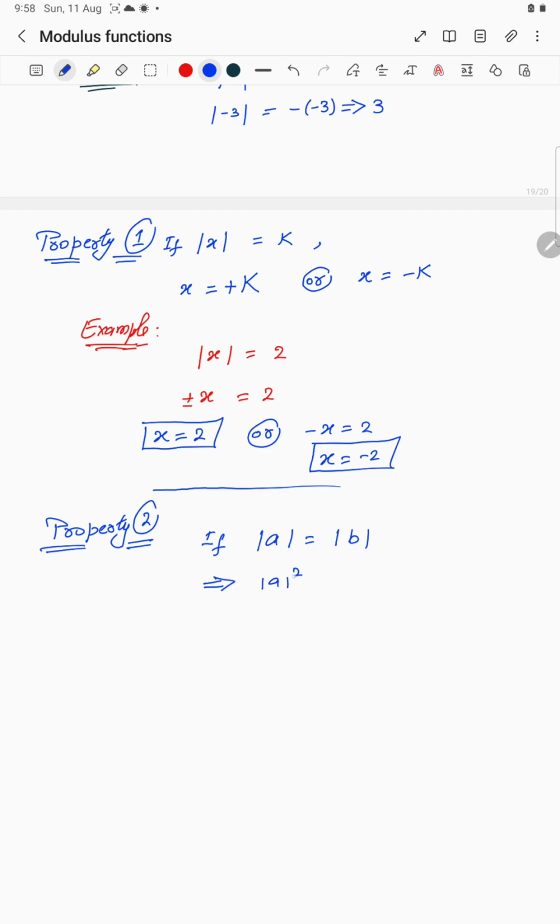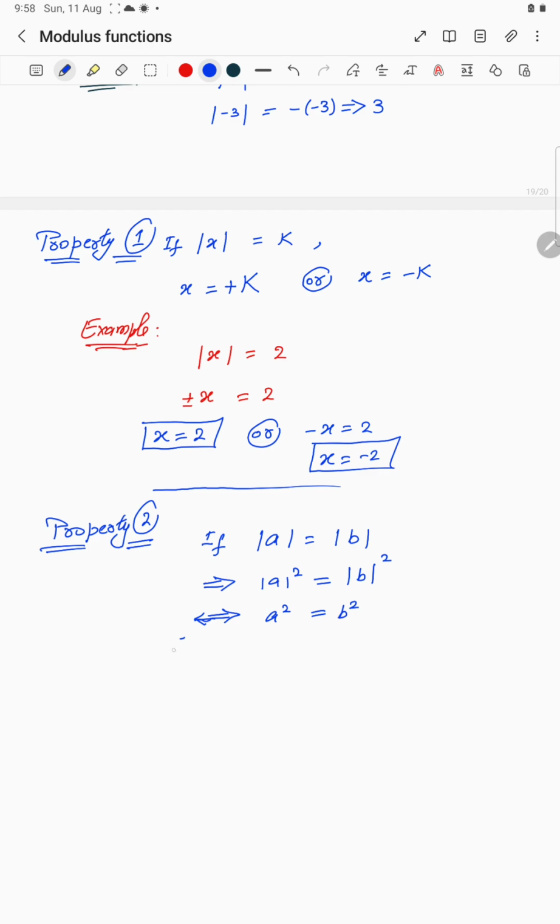So mod of a equal to mod of b is equivalent to a square equal to b square. Again, you can take the square out of the mod, and you can operate normally using the algebraic method. So these are the two properties.